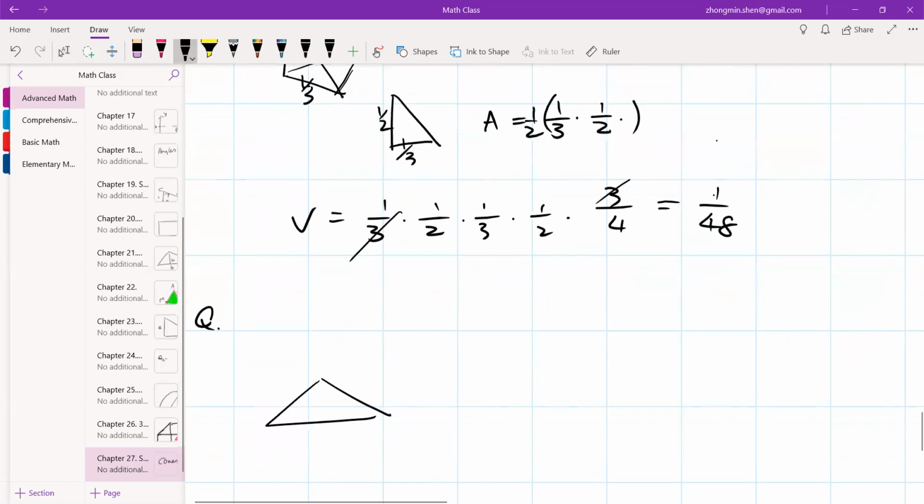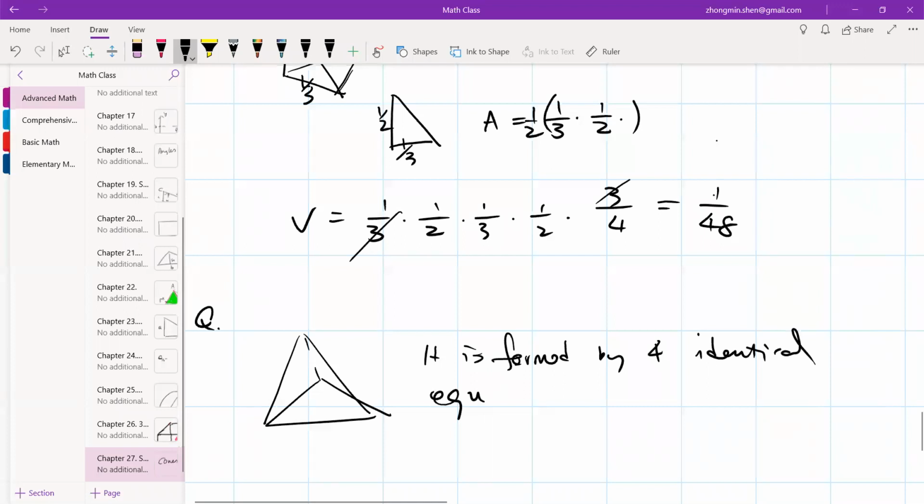It's hard to draw, but it is formed by 4 identical equilateral triangles, with edge length, let's say, 1.